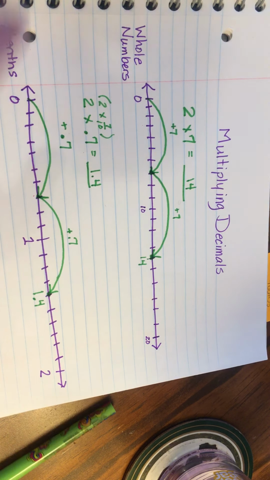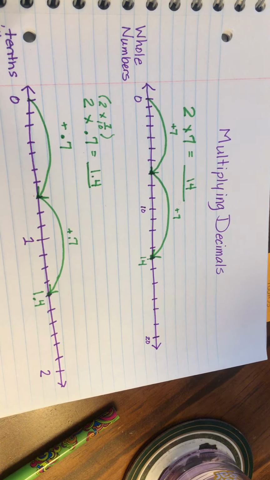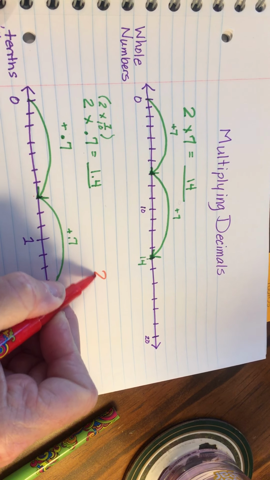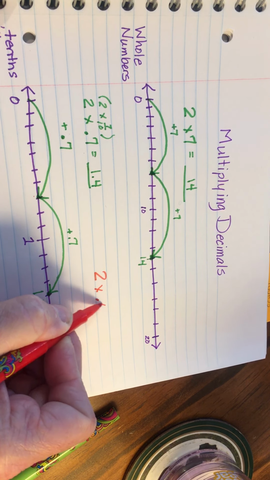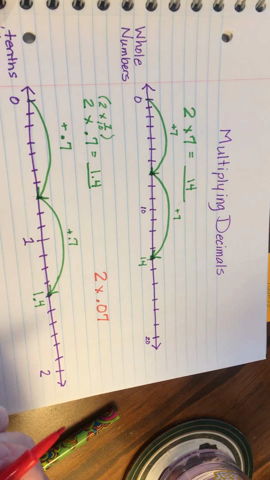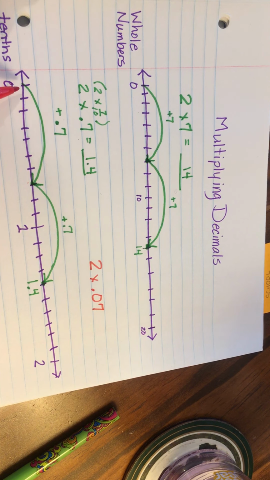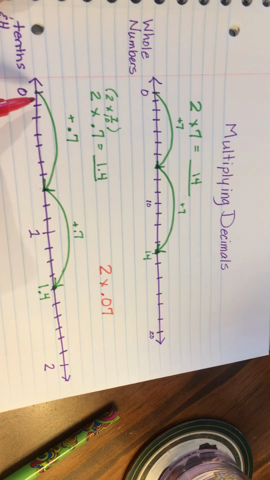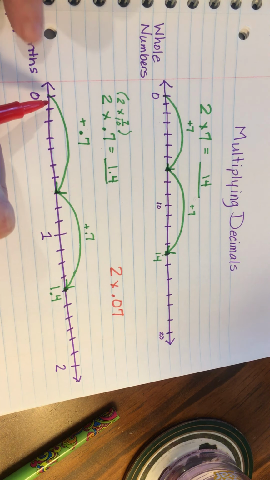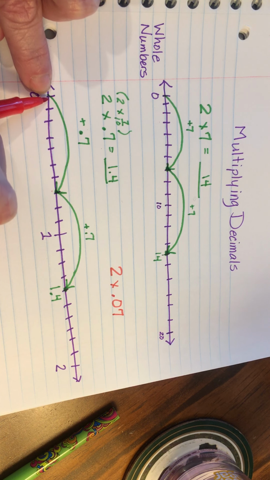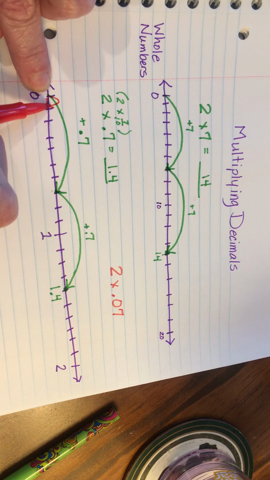Let's take a look at what this would look like if we were multiplying two groups of 7/100. Now, hundredths are really tiny. They're even smaller. I'm going to try to do them on this same number line so that you can see the difference in size. 7/100 is so tiny, it's going to be in here, and that jump is going to look like this.